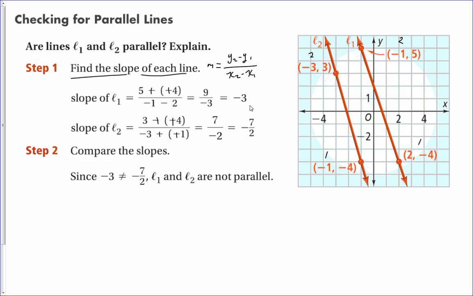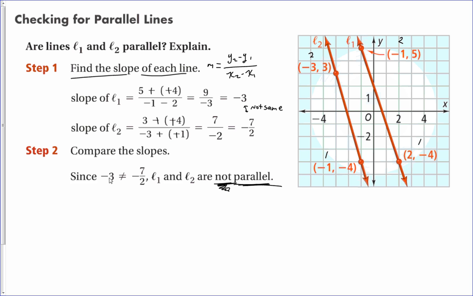Since these are not the same, the lines are not parallel. Since negative 3 does not equal negative 7 halves, line 1 and line 2 are not, keyword, not parallel.